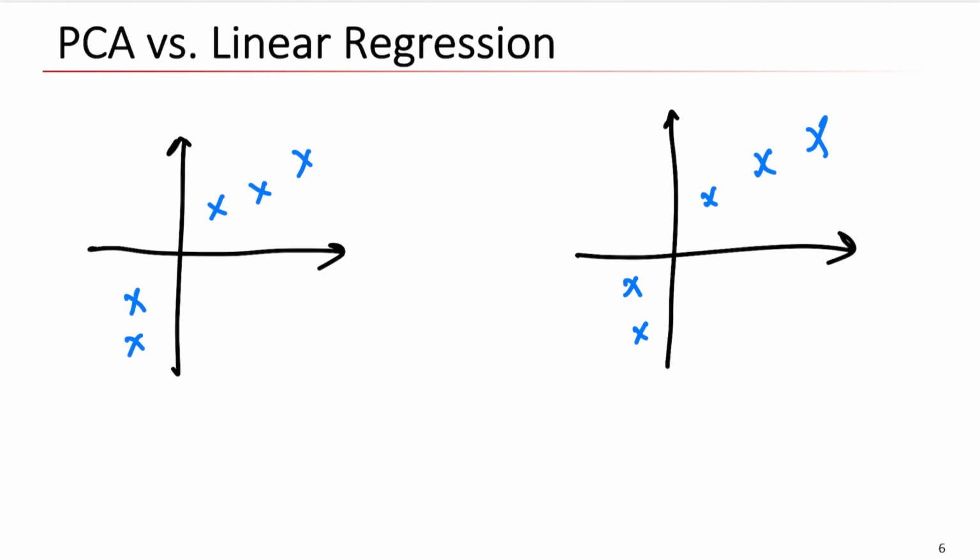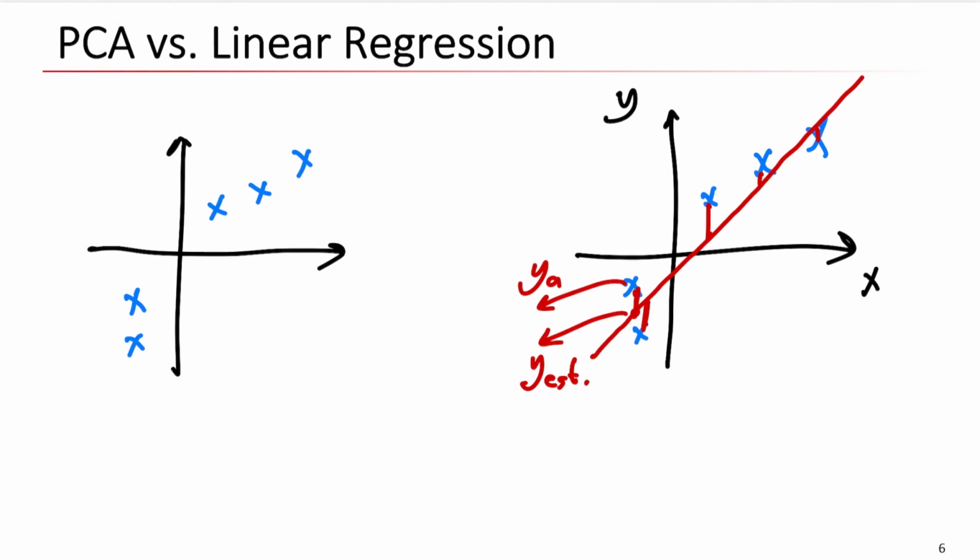In the linear regression problem, we want to find the linear mapping that minimizes the difference between the estimated y and the ground truth y. So here is the difference between the ground truth y and the estimated y. This is the loss between estimated and ground truth y.